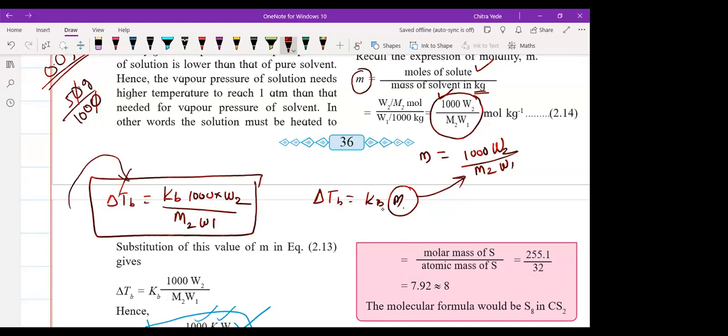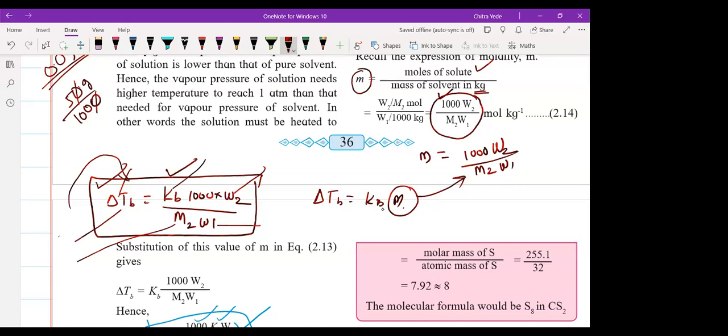You are not going to be asked to derive the equation. Where delta TB is elevation in boiling point, Kb is ebullioscopic or molar elevation constant, W2 is mass of the solute, M2 is molar mass of solute, and W1 is mass of the solvent.